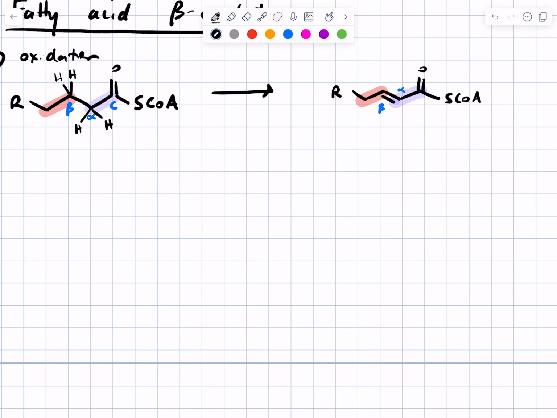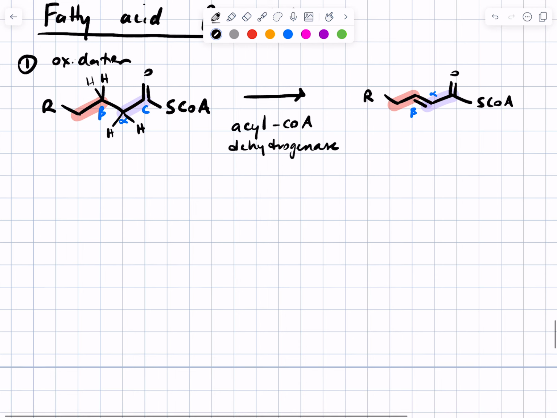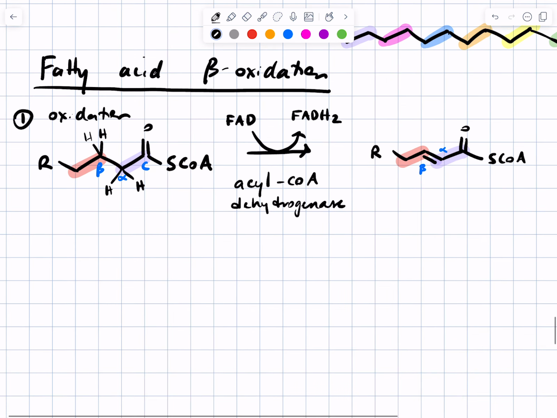So the enzyme that catalyzes this is called acyl-CoA dehydrogenase. That describes the substrate, acyl group and CoA, dehydrogenase. And the cofactor that does this is not NADH, but it's a new one called FAD.